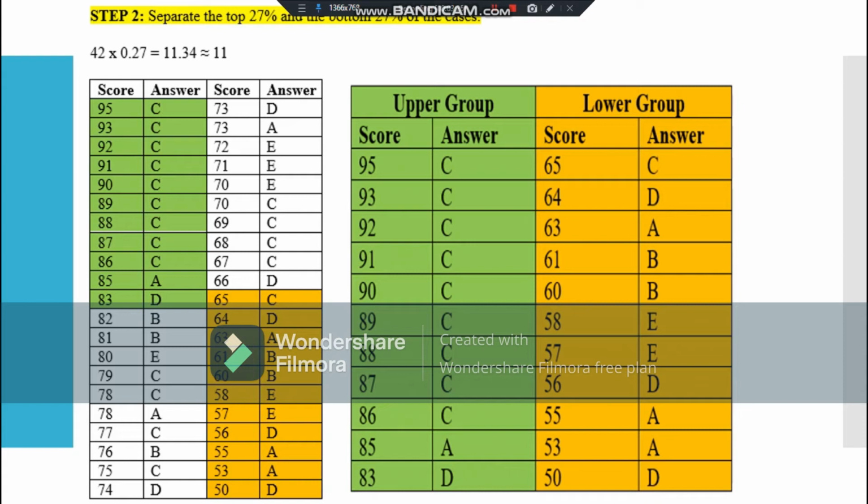So we should have 11 students at the top: 1, 2, 3, 4, 5, 6, 7, 8, 9, 10, 11. And we also need to get the 11 students from the bottom: 1, 2, 3, 4, 5, 6, 7, 8, 9, 10, 11. We will just disregard the students in the middle. We will only get the upper group and the lower group, so we label them as the upper group and the lower group.